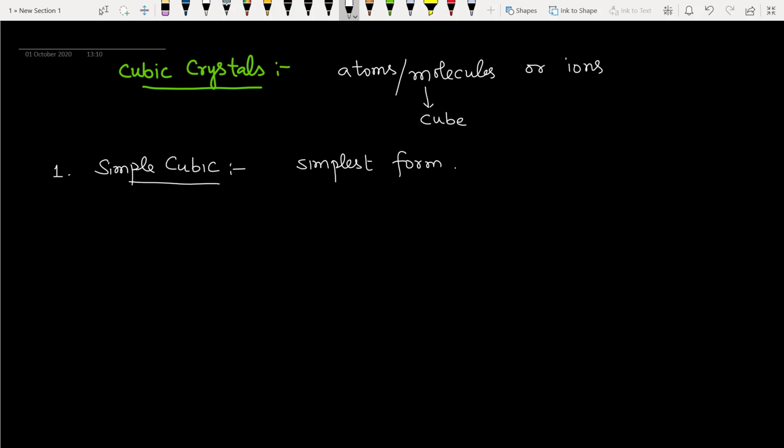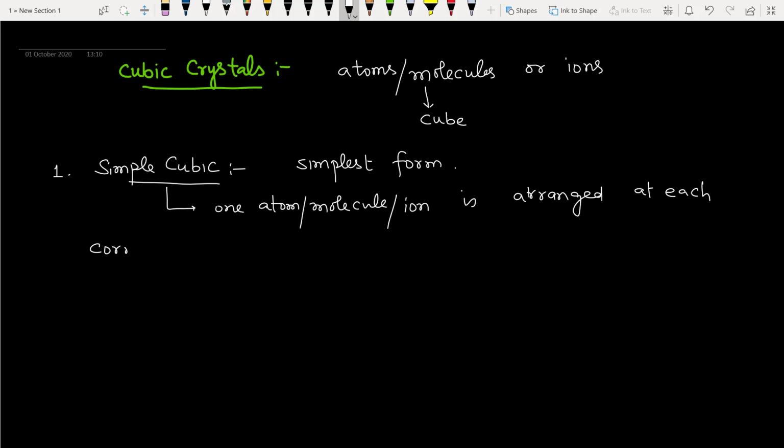In this type of crystal, one atom, molecule or ion is arranged at each corner of a cube.